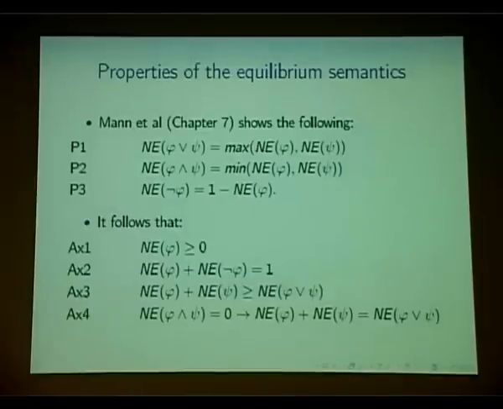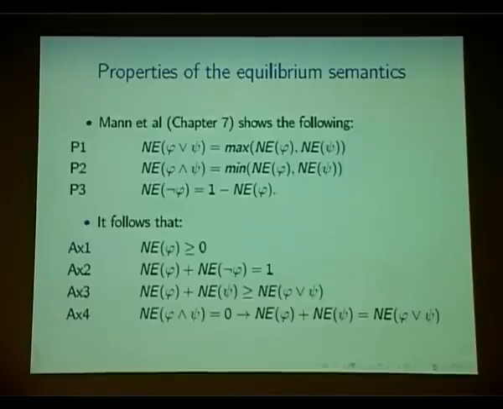So we showed earlier with Manet and Sylvester that the Nash equilibrium, I mean the equilibrium semantics, obeys these principles. So it's the minimum for conjunction, the maximum for disjunction. And then for the negation, the game theoretical negation, it's 1 minus phi.